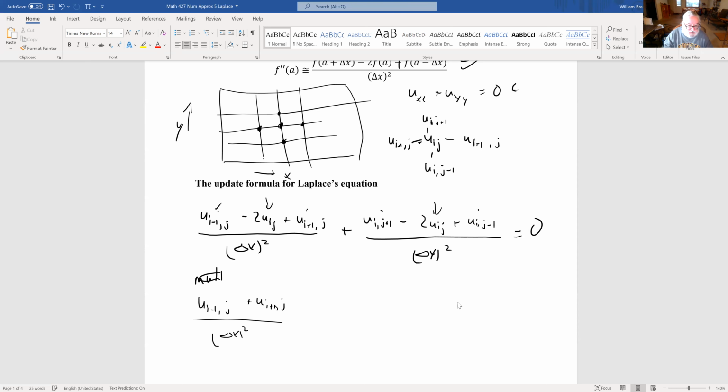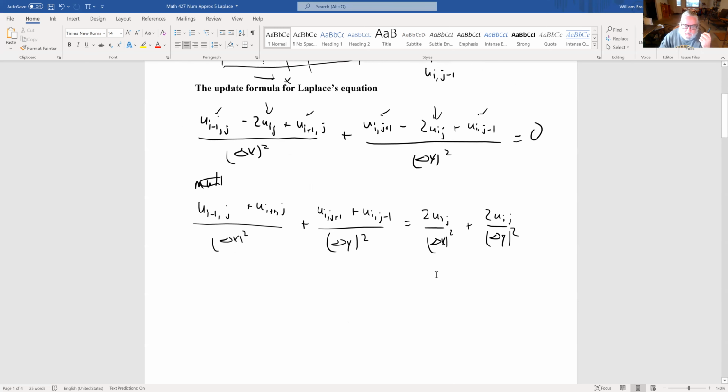That's this term and this term, plus ui, j plus 1, plus ui, j minus 1 over delta y squared. That's this term, and this term is going to equal 2uij over delta x squared plus 2uij over delta y squared.